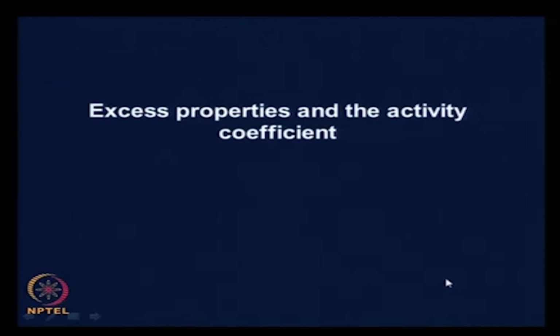And then we started looking at the relationship between excess properties and activity coefficient, and we first saw what an excess property was. Excess property is nothing but the difference between the actual property and the ideal property, and we said excess properties are defined the same way and play pretty much the same role as the residual properties for pure components. Residual properties we had seen in module 3. You can go back and refer to that also.